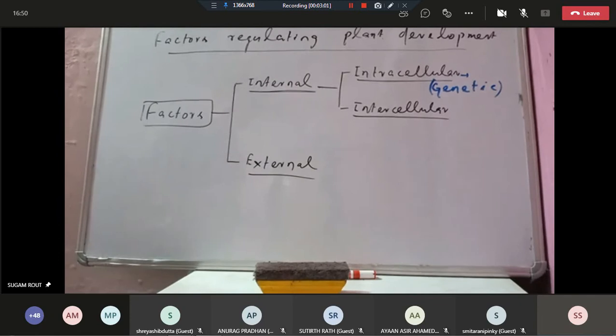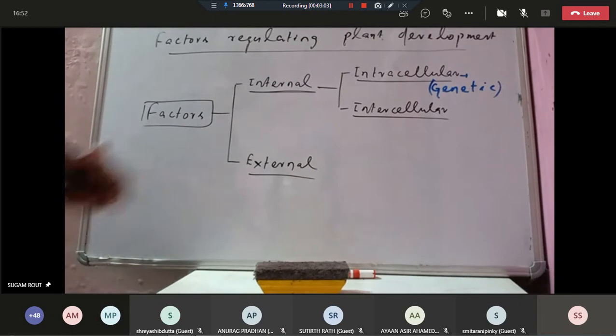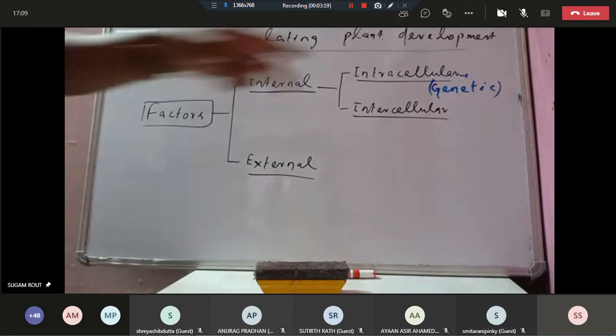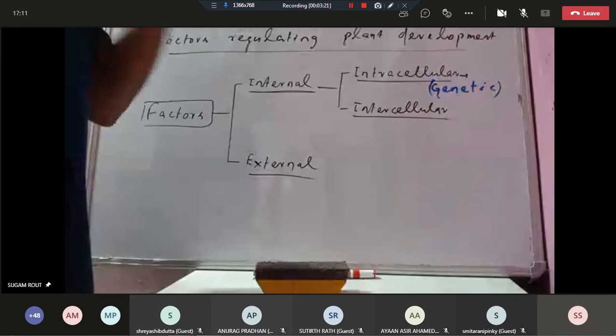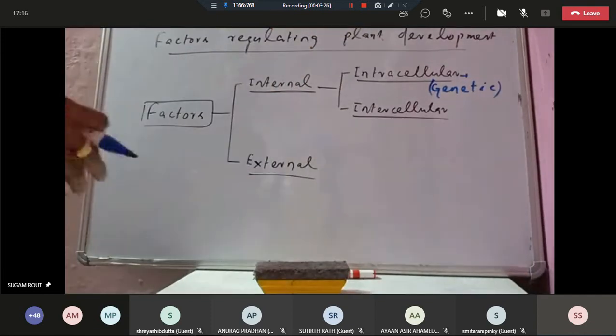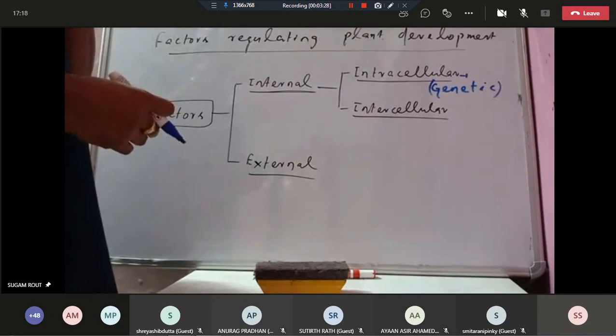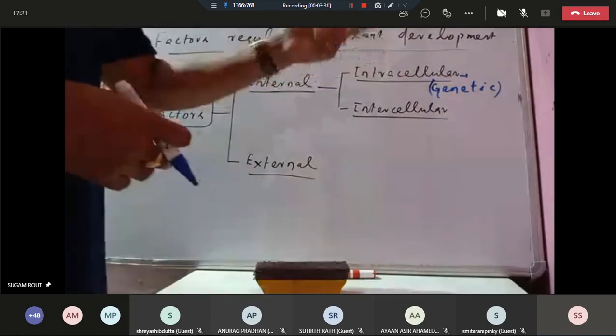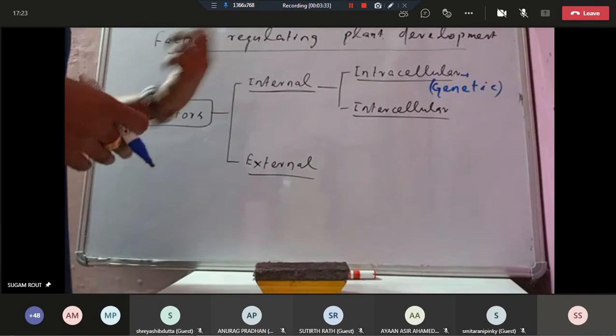Like plasticity, the developmental heterophylly is regulated by various biochemical pathways. These are regulated by the genes and cause different structures in the plant. So genetic factors are intracellular internal factors.